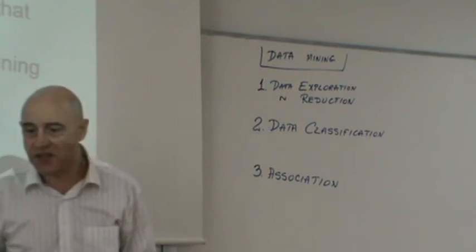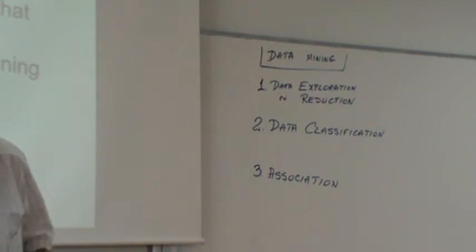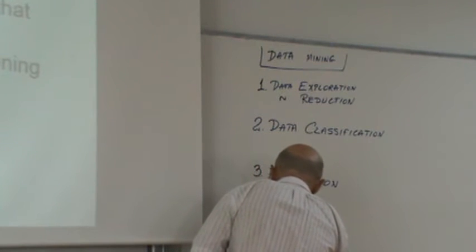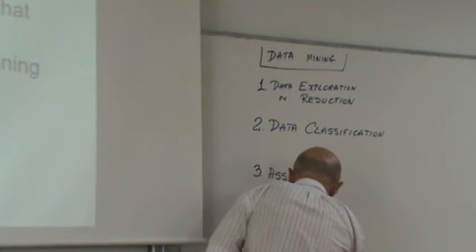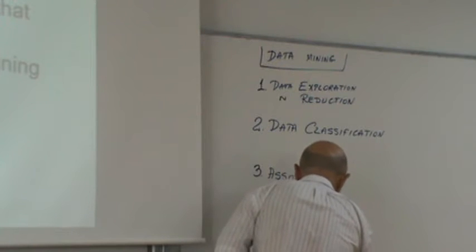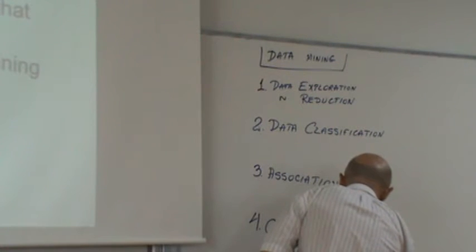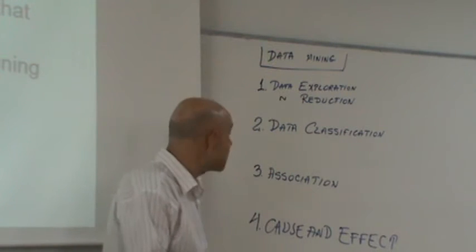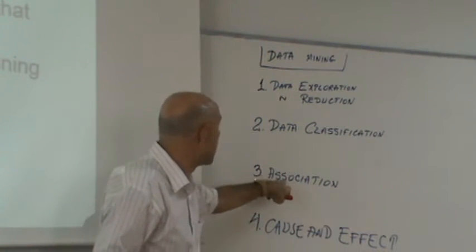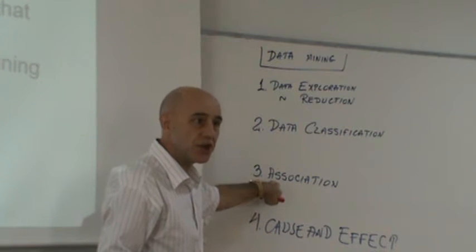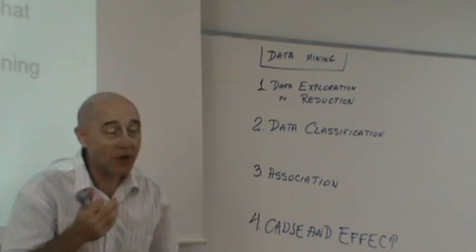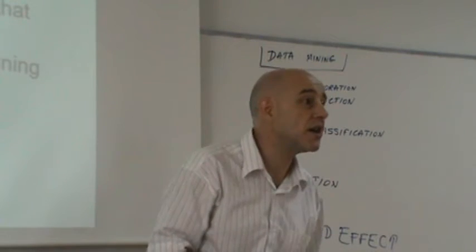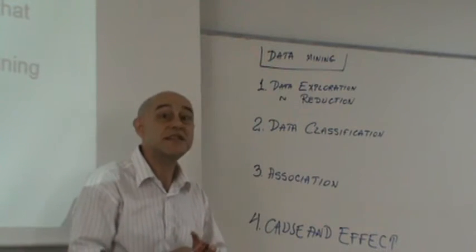So number 3 is association, and number 4 is cause and effect. And cause and effect is similar to association. Cause and effect will be what we discussed last time in classes.